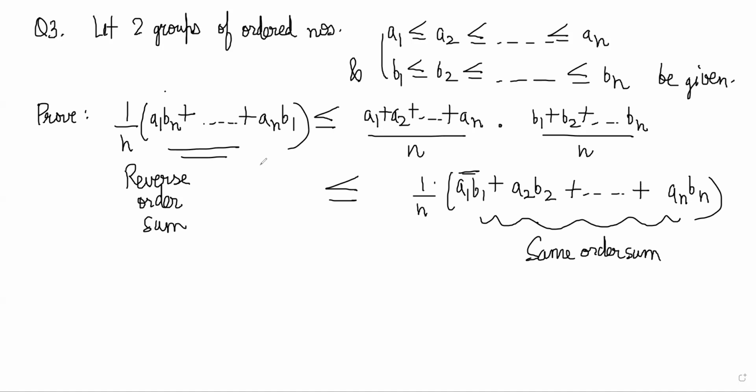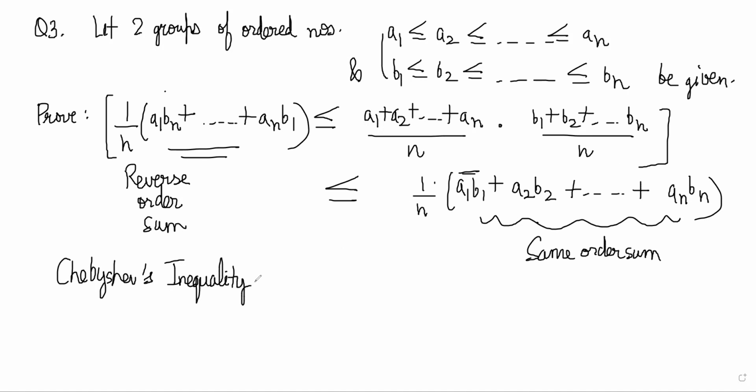So that is not an issue for us. However, we still have to prove the middle term here, right? And actually, this is called Chebyshev's inequality. So we are going to supply a proof of Chebyshev's, and we are going to use the rearrangement inequality to do it, right? Okay.